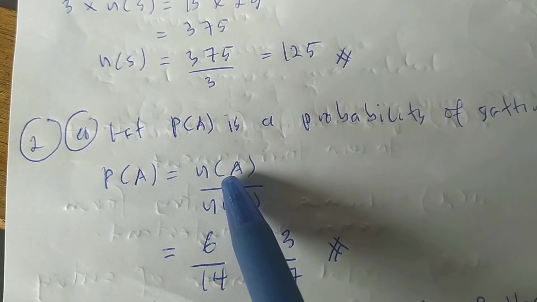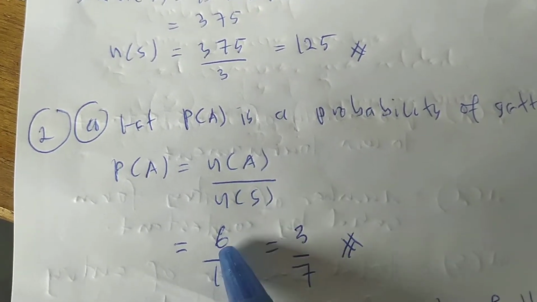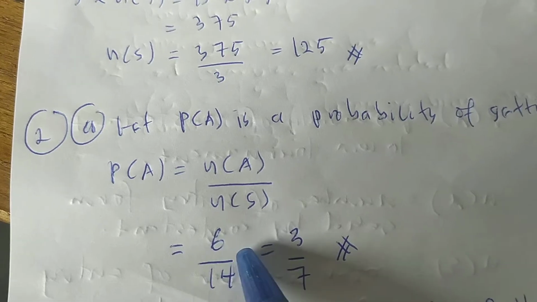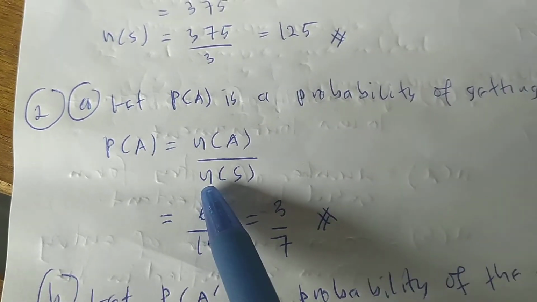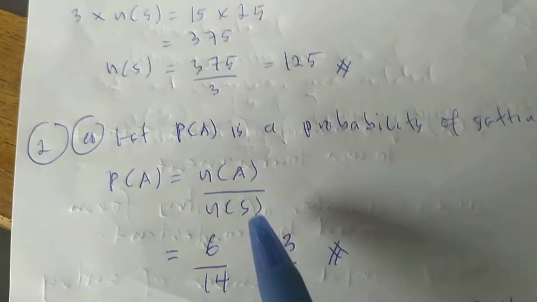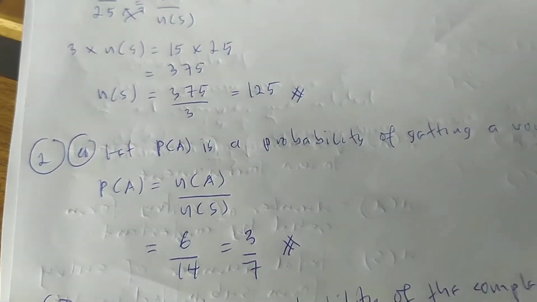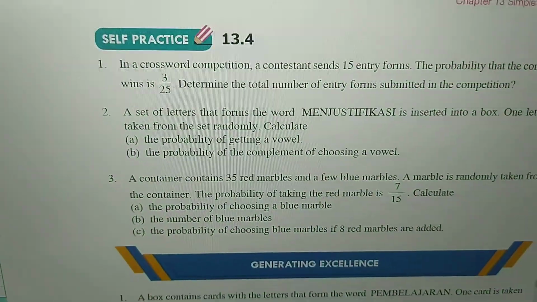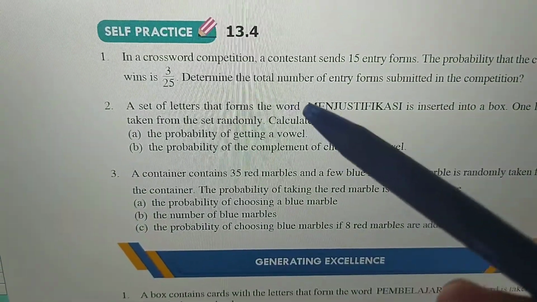So n(A) you substitute with 6, then you divide with n(S), which is the total number of letters in the word menjustifikasi. So you have to calculate how many letters there are in total.